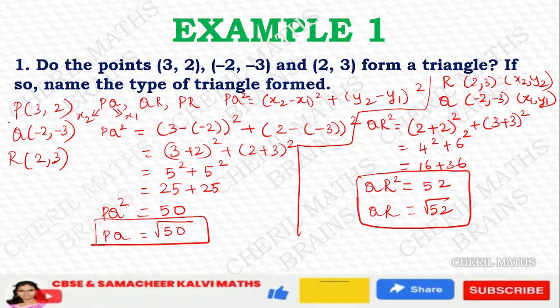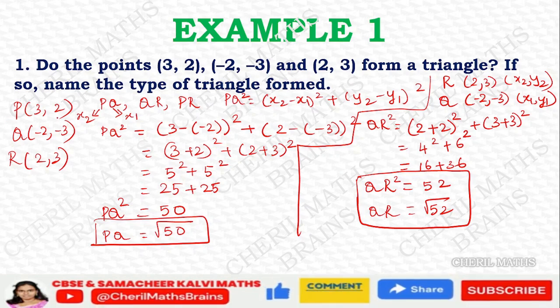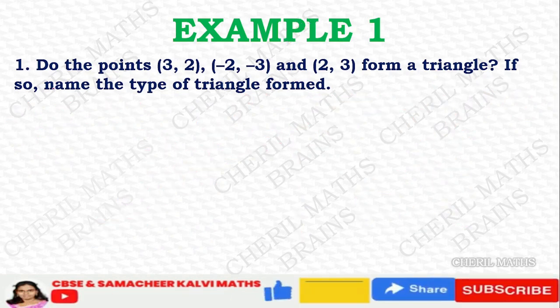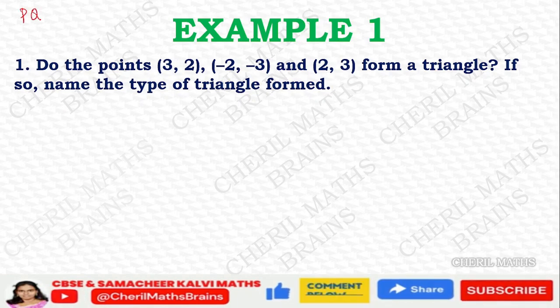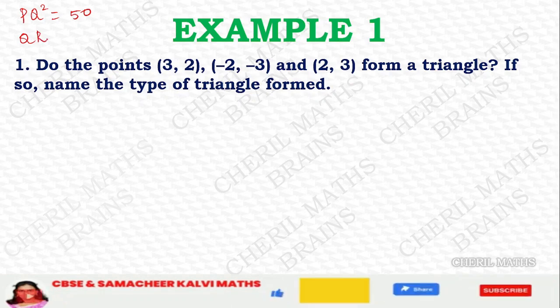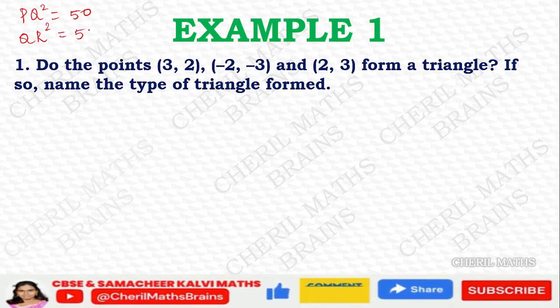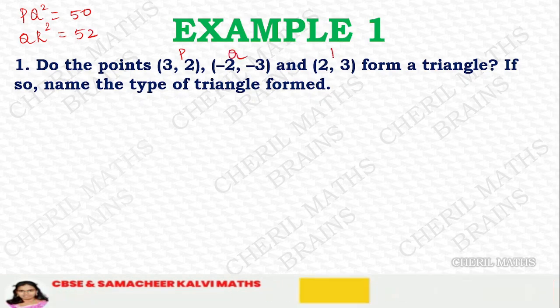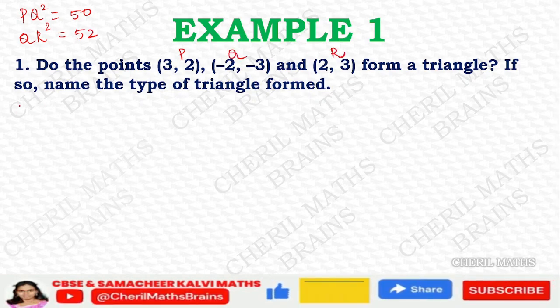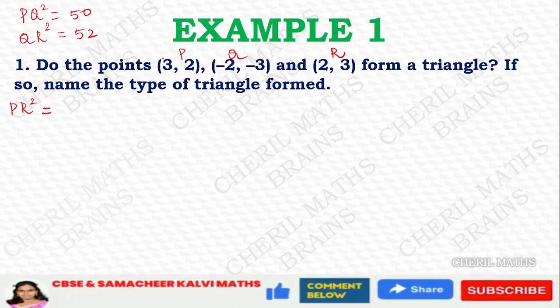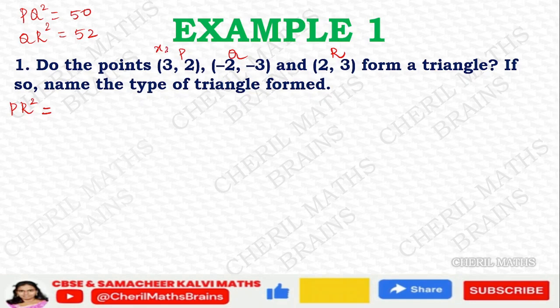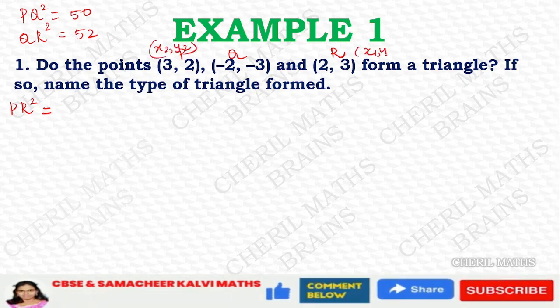Next, we need to find PR. First, we'll write down the results. For PQ square, we got 50, and QR square, we got 52. Now I am going to do PR square. Let me take P as x2, y2 and R as x1, y1.